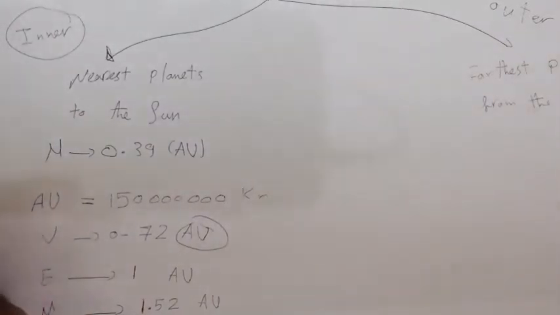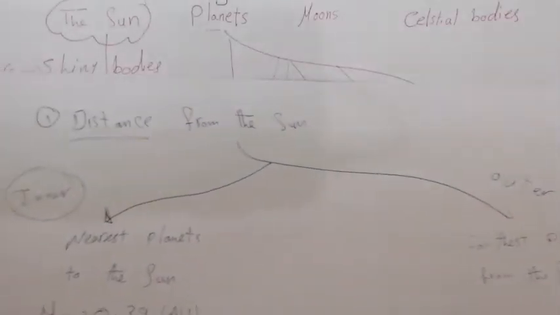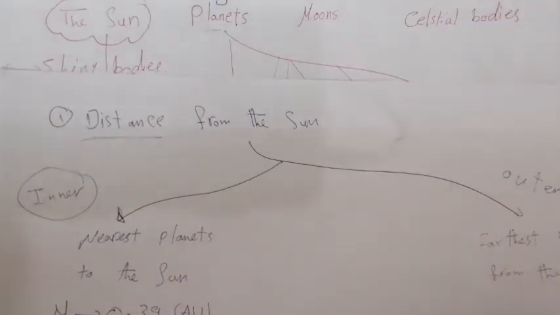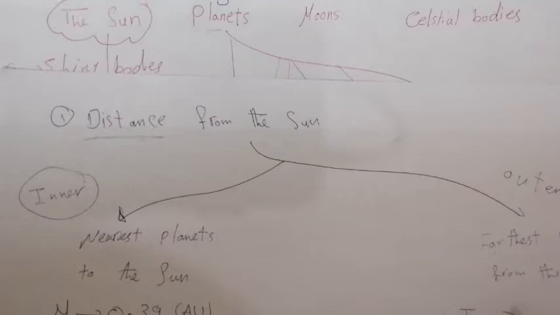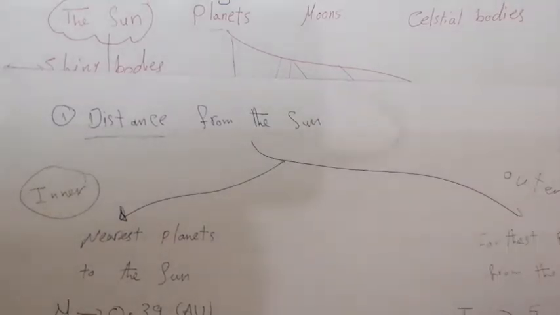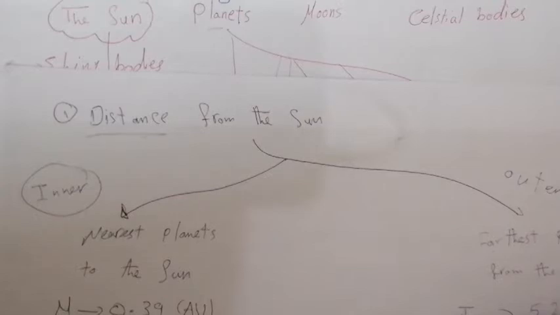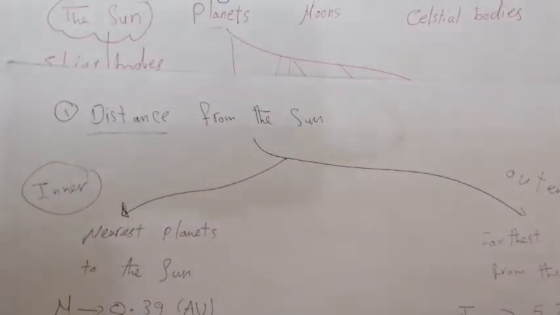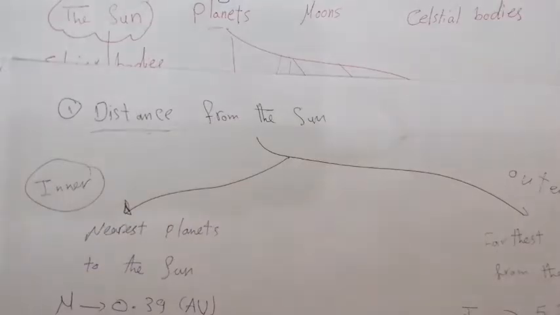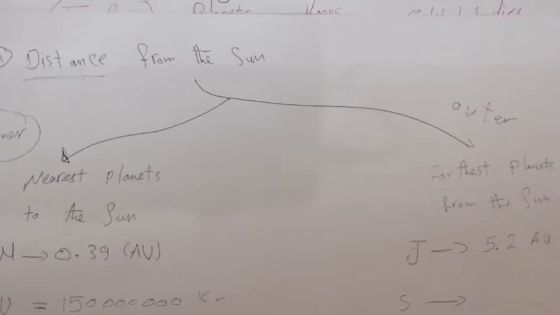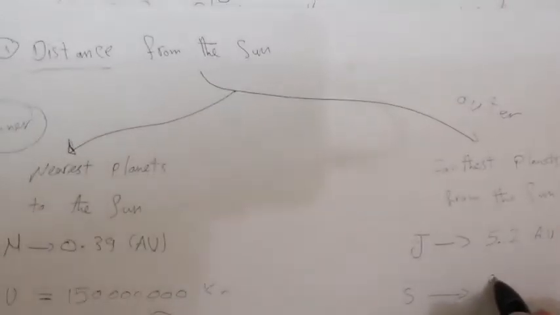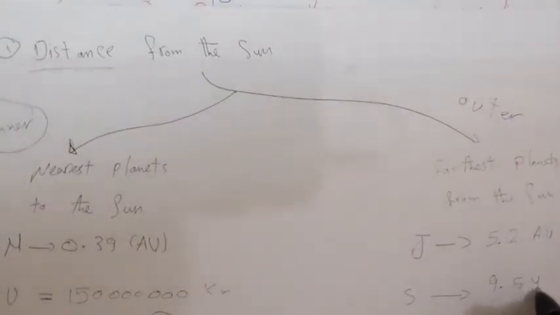Come to outer planets. The first planet of the outer planets is Jupiter. Yes, the distance between Jupiter and the sun is 5.2 AU. What about Saturn? Saturn, 9.54.